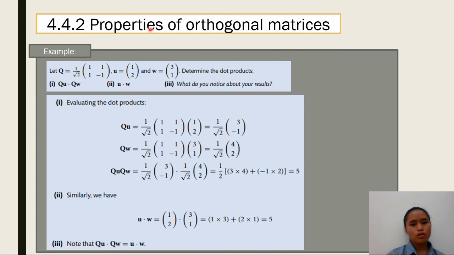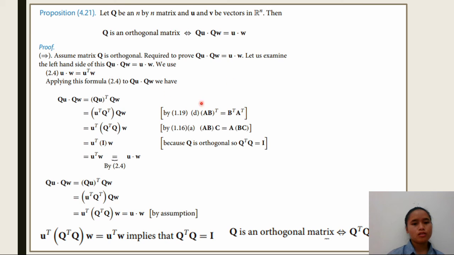Properties of an orthogonal matrix. Example. So we get Q, U and W. So from number 1, we get this, number 2, and note that QU times QW equals U times W. This is a property. So from the property, we know Q is an orthogonal matrix.